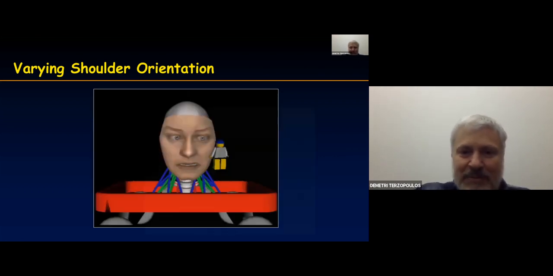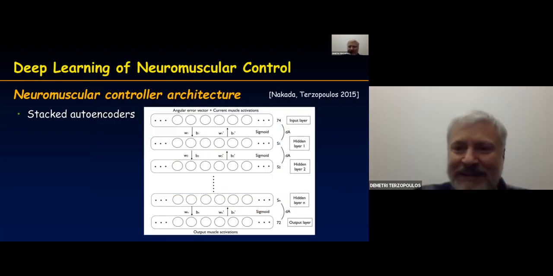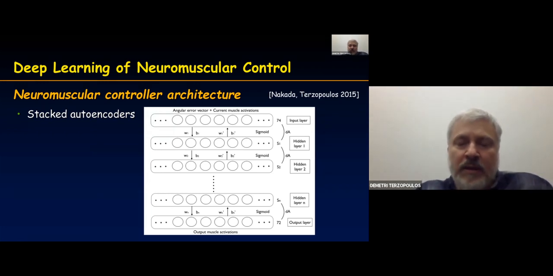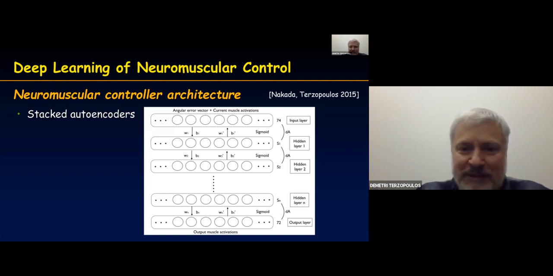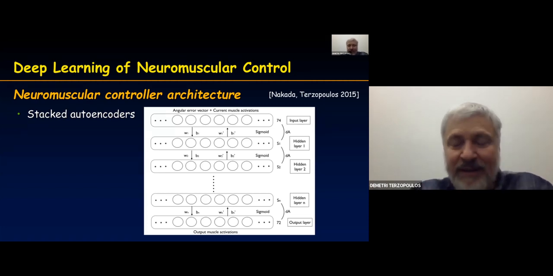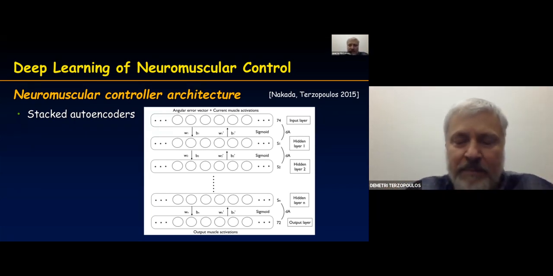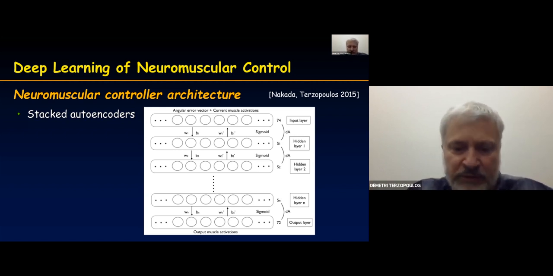So thankfully, deep learning was figured out by machine learning people. And then we were the first, in a sense, to use it in computer graphics. We were the first to use shallow neural networks in graphics, and we were also the first to use deep learning in this kind of situation in computer graphics, for control types of problems. And we started by using stacked autoencoders, something like that. This was in 2015.